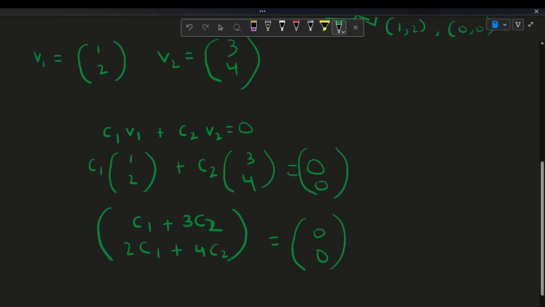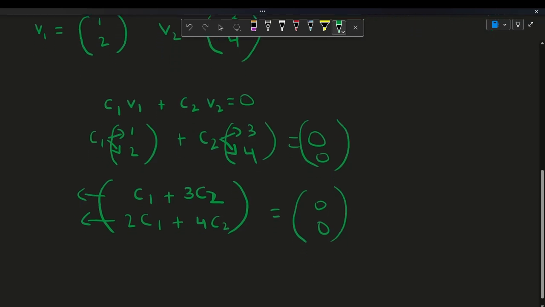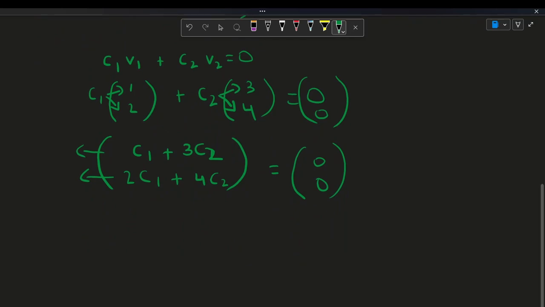It's 0, 0 as well. If you're wondering how we got this, it's just simple matrix multiplication. C1 is multiplied to this term, and C2 is multiplied to this term, and then you add the top and add the bottom. That's it. So now we have a system of equations, and let's go about solving this.